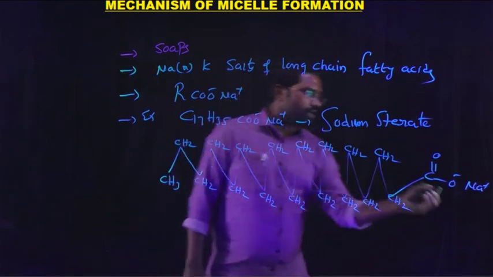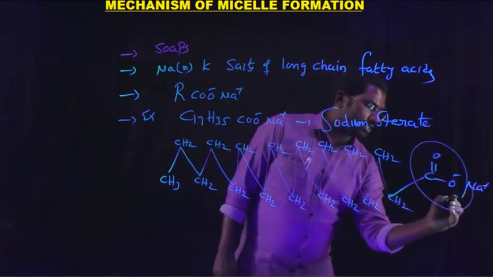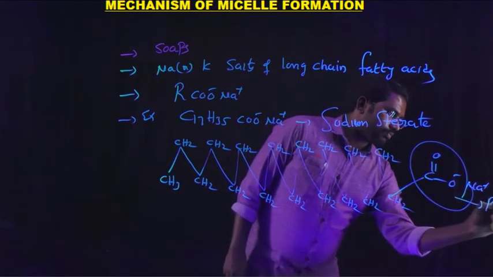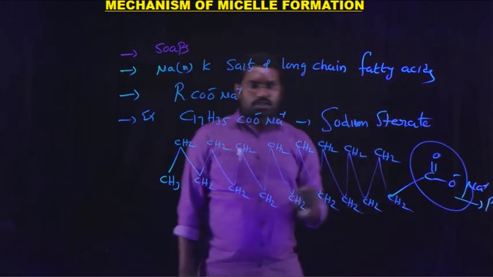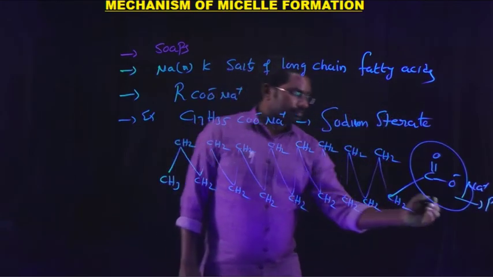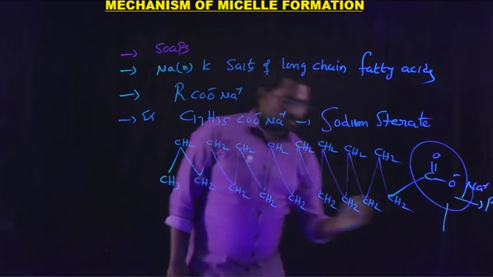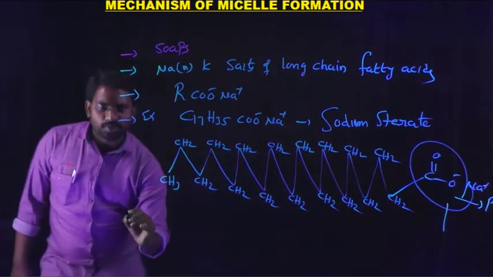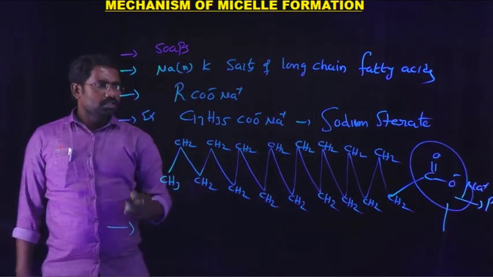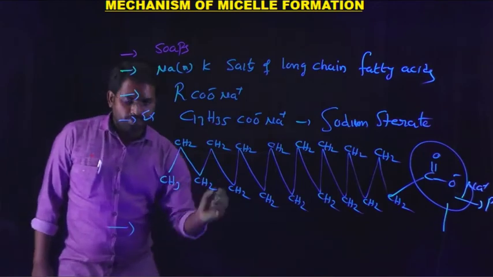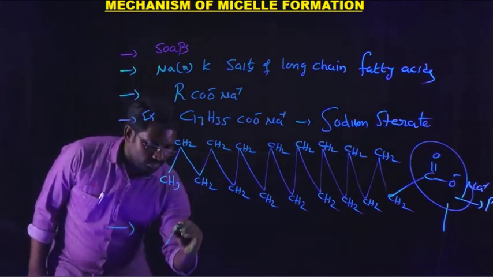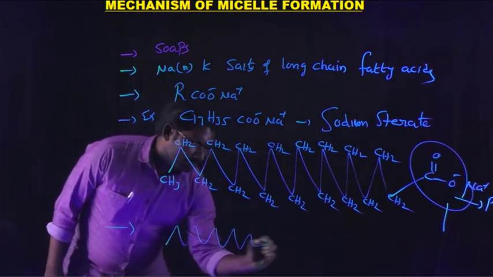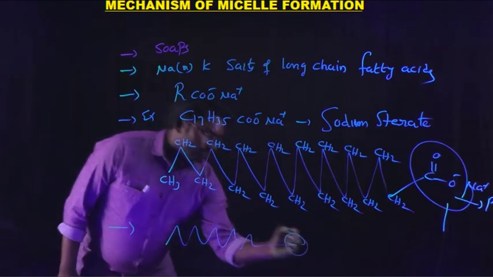Here COO minus is the polar group. The stearate ion can also be represented in a simpler manner like this. This is a negative charge.